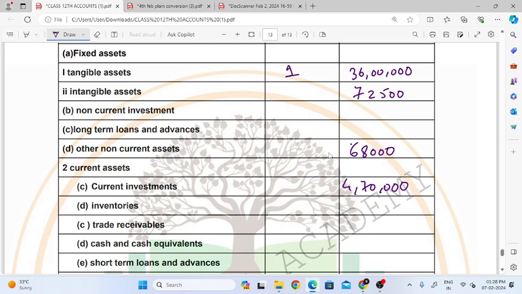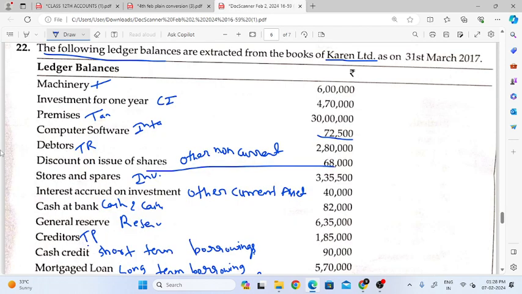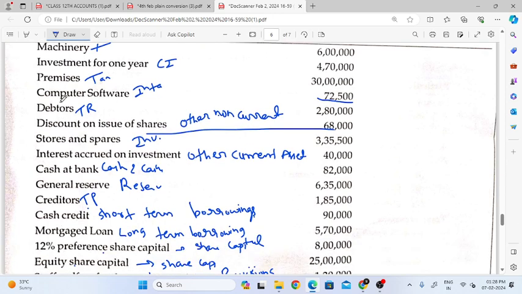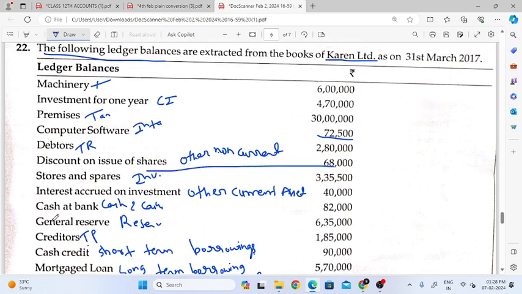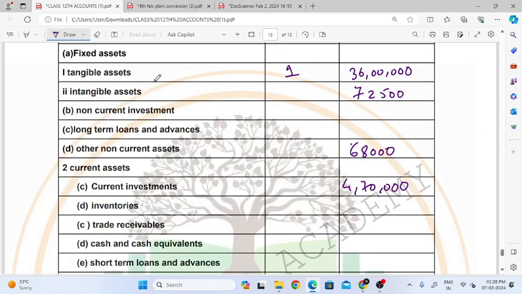Then current investment 4,70,000. Inventories we have to check. How many inventories are there? Inventories we got stores and spares 3,35,500. Then trade receivables.